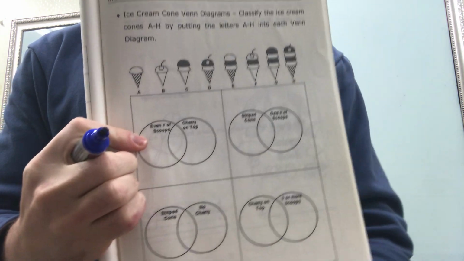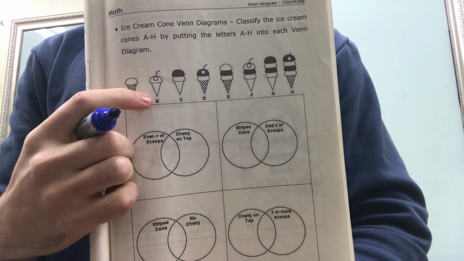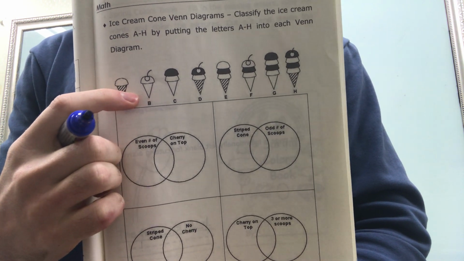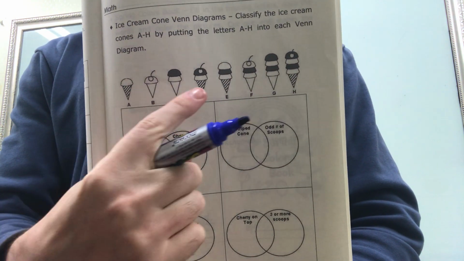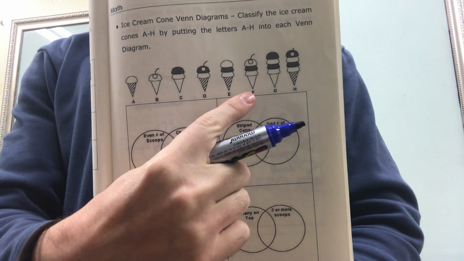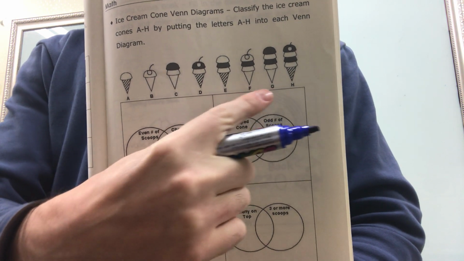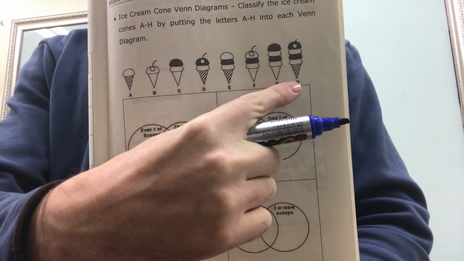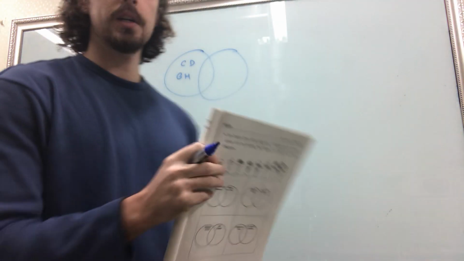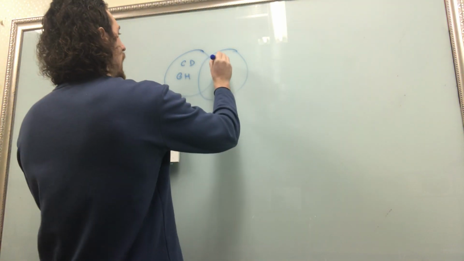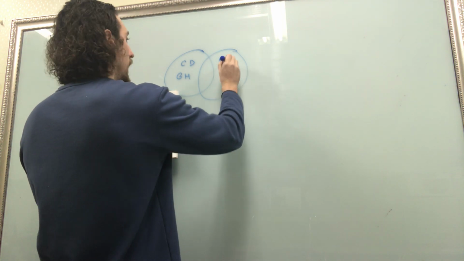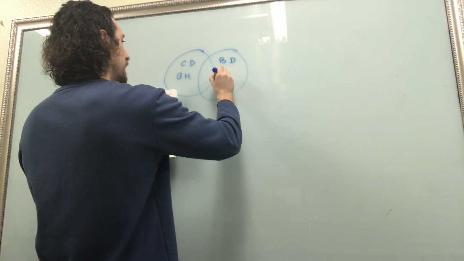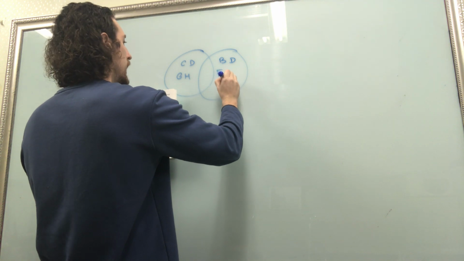Well, which cones have a cherry on top? B has a cherry on top. D has a cherry on top. F has a cherry on top. And H has a cherry on top. So let's write that over here. So we have B, we have D, we have F, and we have H.